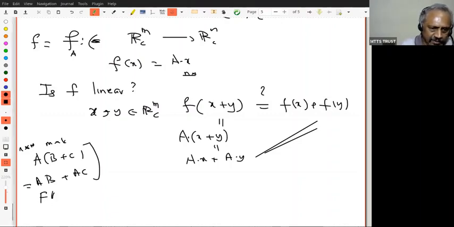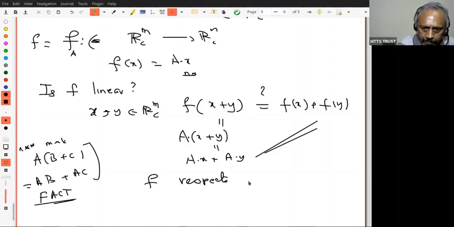This is a fact. You must have seen it earlier in matrix algebra. You understand? Therefore, F respects addition. Addition where? In R and C. But you will simply say addition.